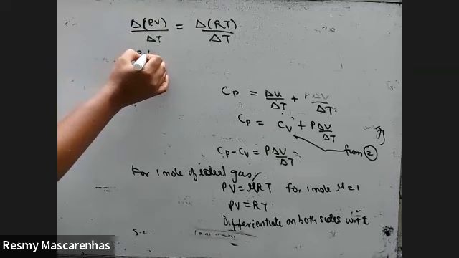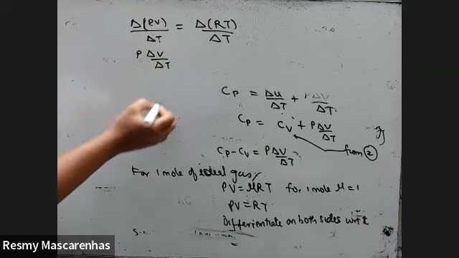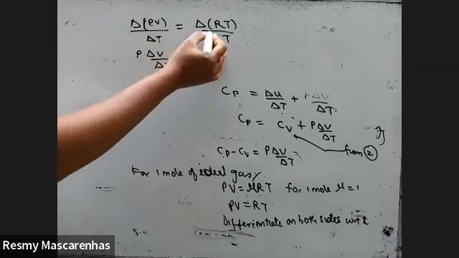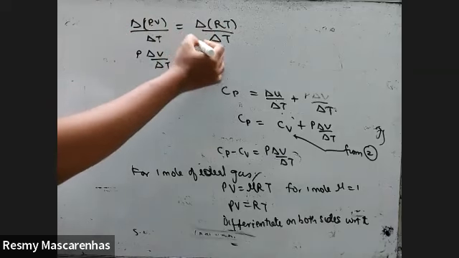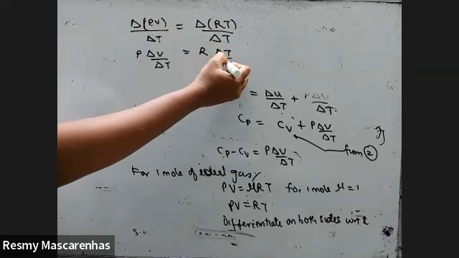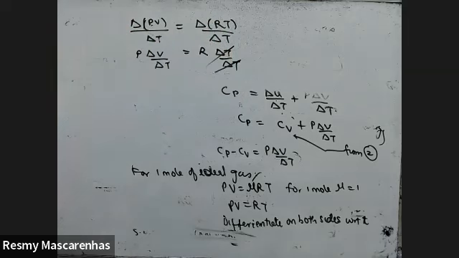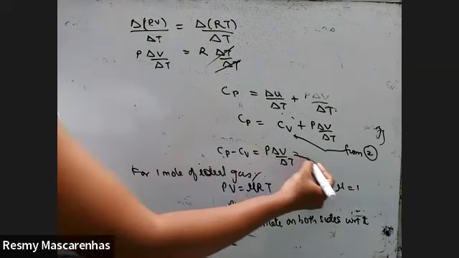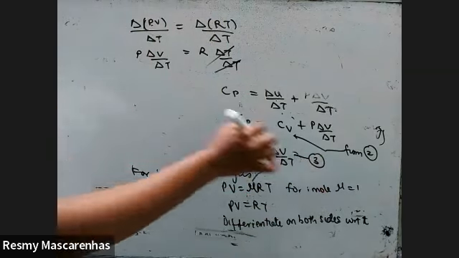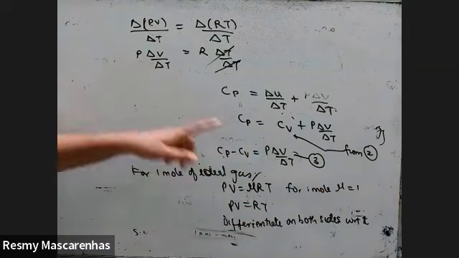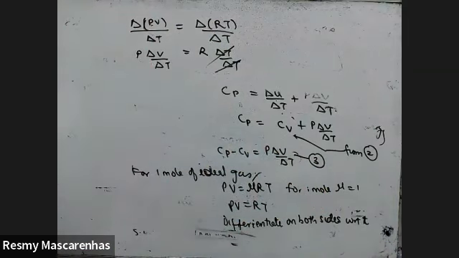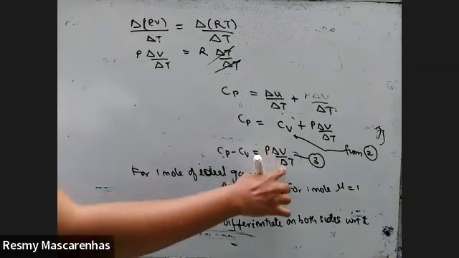P will come out. R is also the gas constant, so R will also come out. You can mark this as equation 3. Now just put the value of equation 3 here. What is P delta V upon delta T?